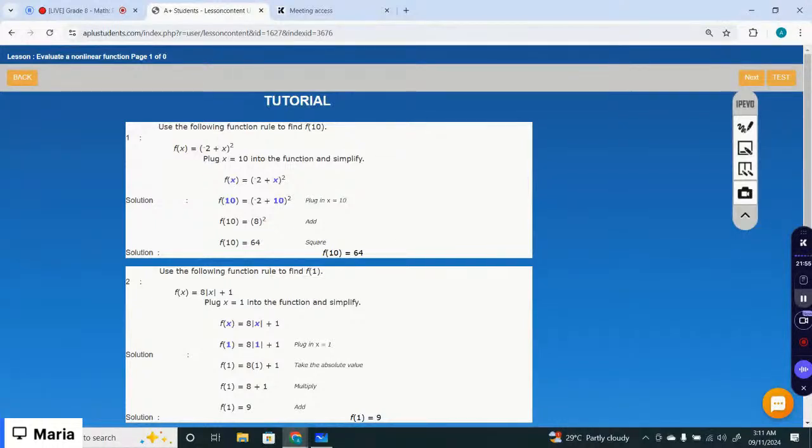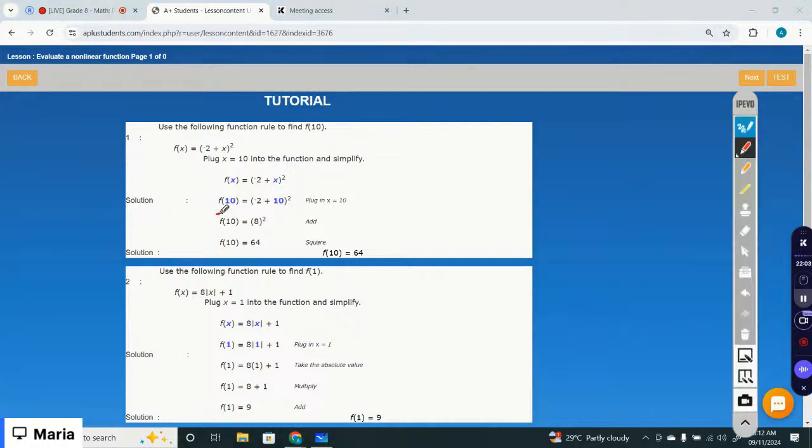So you need to evaluate f of 10, right? F of 10 means you need to replace the variable x with 10, right? So here you have f of 10. So replace the variable x with 10, that is negative 2 plus 10 square. So 10 minus 2 is 8. So 8 square is 64. So the correct option is f of 10 equals 64.